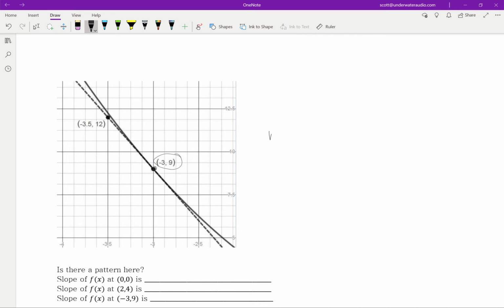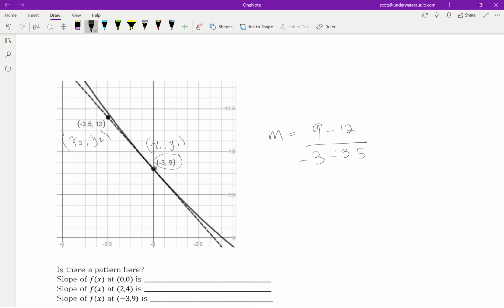So I'll do m equals, let's see, x1, y1, x2, y2. Okay, so 9 minus 12 over -3 minus -3.5.